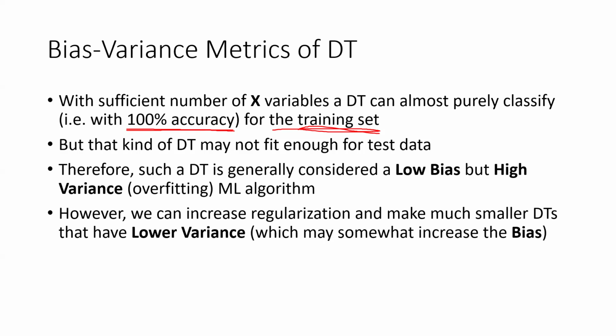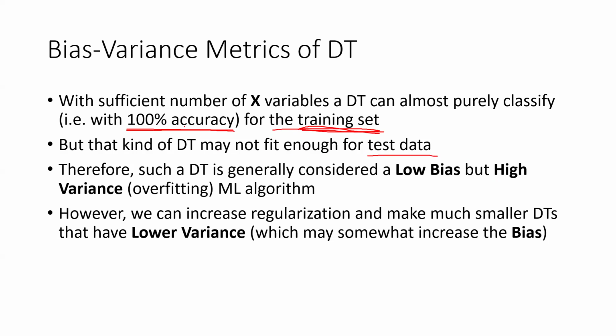Whether it is a perfect model, it is not, right? Because 100% accuracy would be achieved by having a significantly large number of variables in a significantly large decision tree, but that doesn't mean this model is 100% accurate, because this 100% accuracy is measured only for the training set. When it comes to real world data like the test set, the decision tree would perform worse, right? So this is a problem with high variance, right?